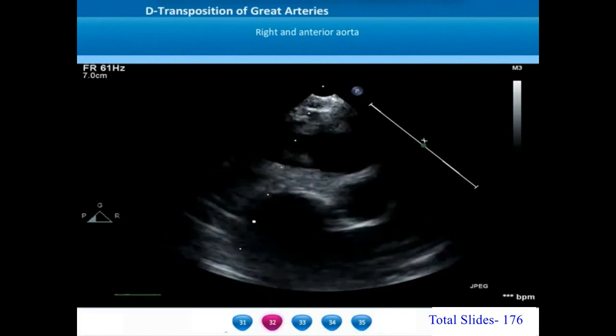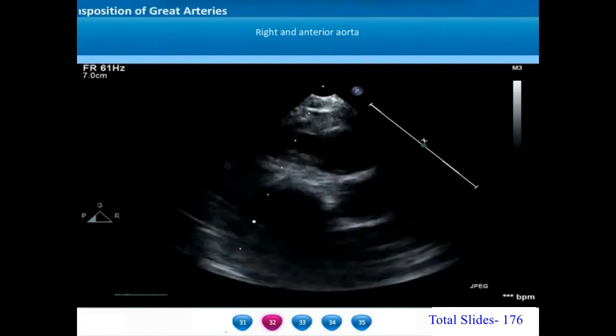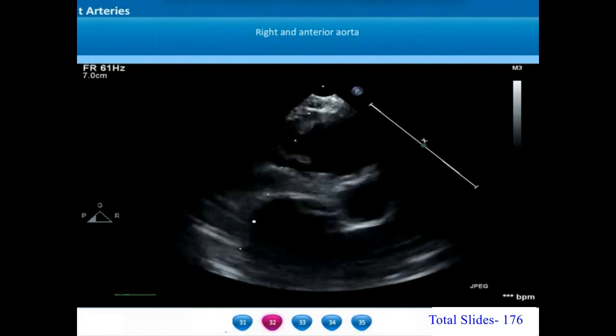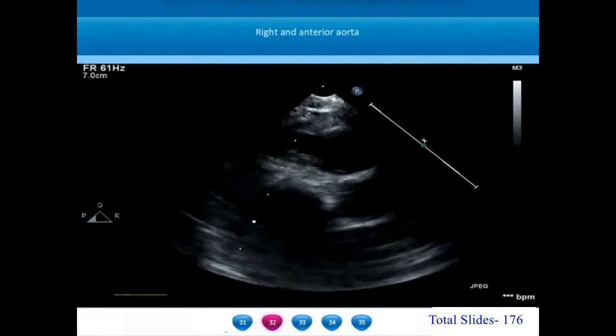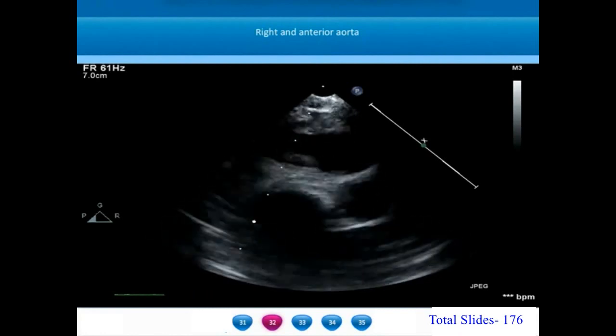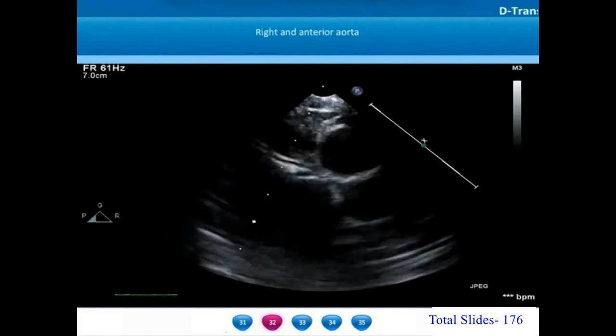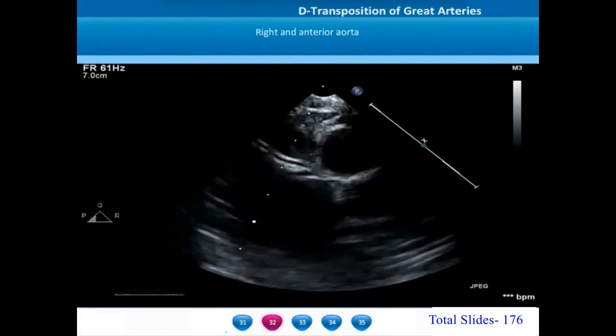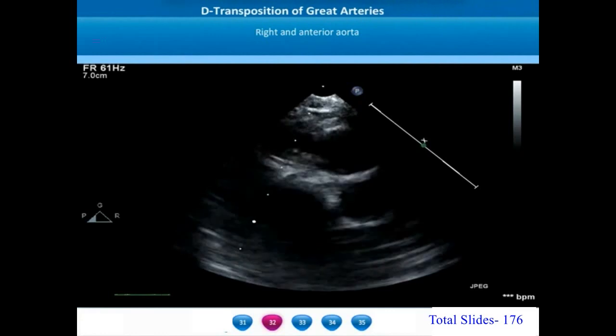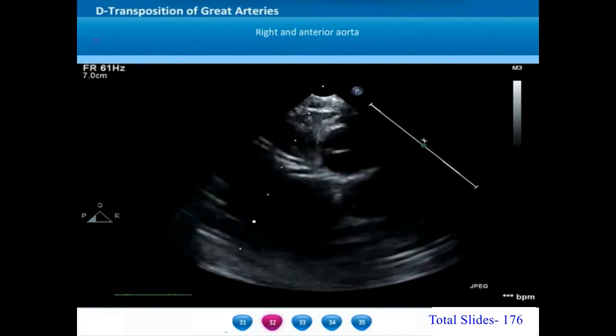The aortic annulus and the aortic root is marginally larger than the pulmonary annulus and the pulmonary root. This is commonly seen in newborn babies with simple TGA. The relationship of the great artery of right and anterior aorta, left and posterior pulmonary artery is the commonest great artery relationship in simple transposition of great arteries.